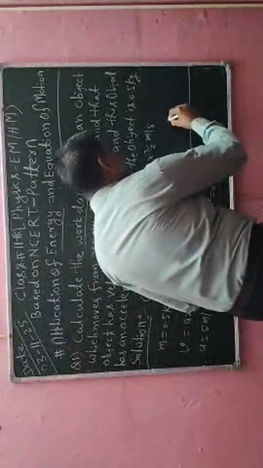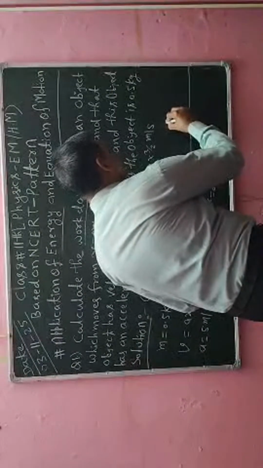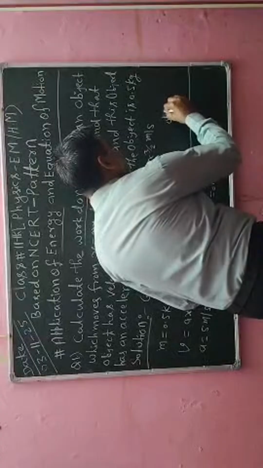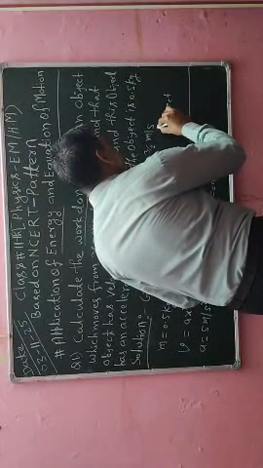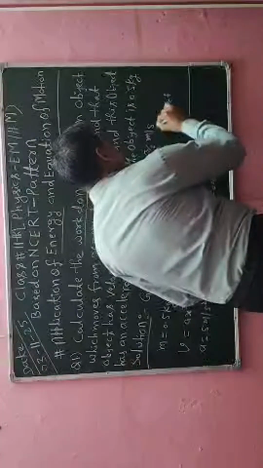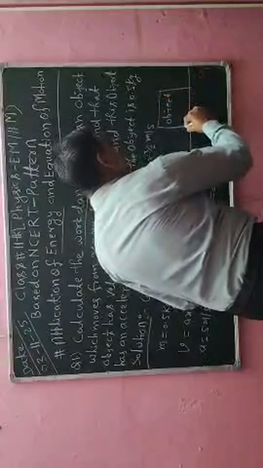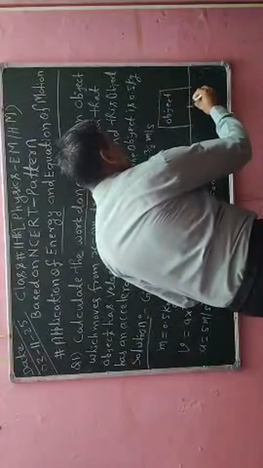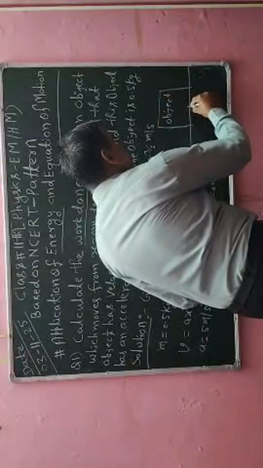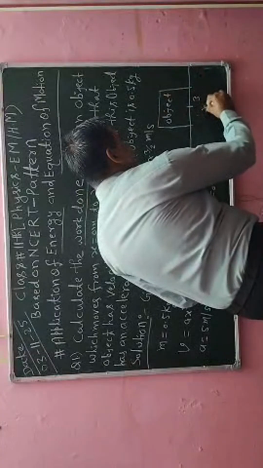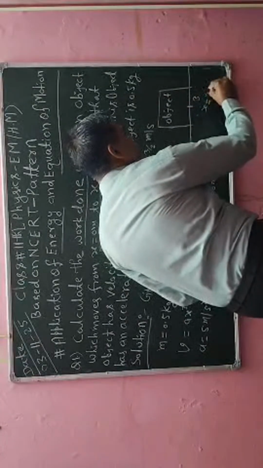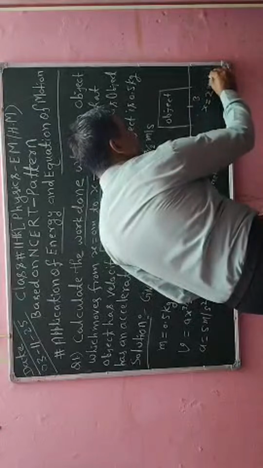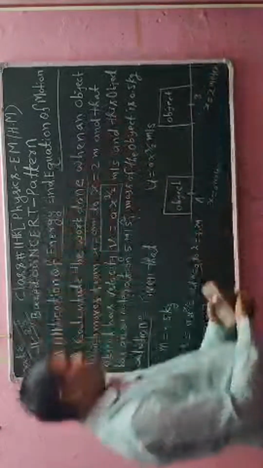After moving, it is reaching point B. So the object is available at the point B. Center of this object is B. So here X coordinate of that point B is 2 meter. Here I have taken 2 meter.